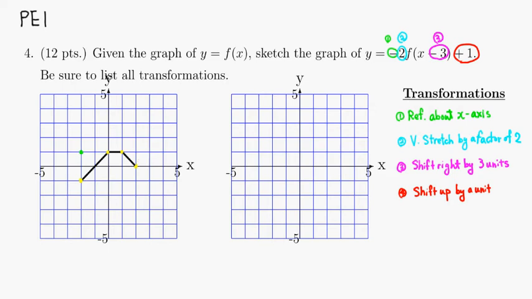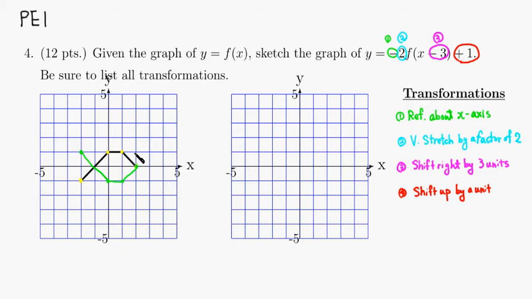I'm just going to keep on reflecting. This originally has y coordinate positive 1, so it goes to negative 1. This guy, same way over here. This guy is sitting on the x-axis, which means the y coordinate is already 0. If you negate that, it's still going to be 0, so it's going to stay there. So after the first transformation, your graph is going to look something like that.